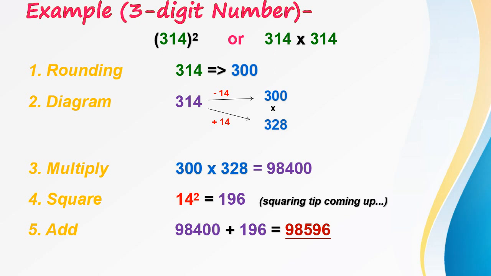Finally, add 196 to 98400 and we get the square of 314 as 98,596. Wow! I bet you never thought squaring 3-digit numbers in your head could be so easy.